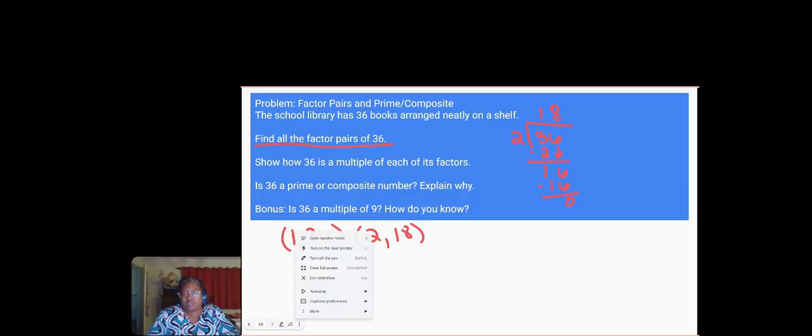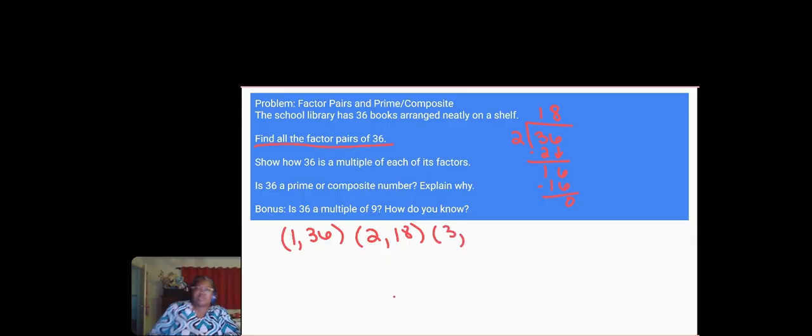All right. Now, if we look at 3, another thing with 3 is if the numbers individually can be divided by 3, then the entire number is divisible by 3.